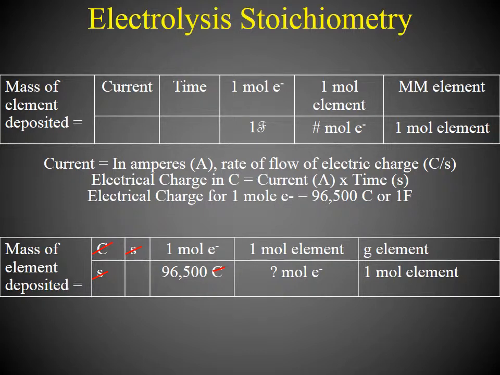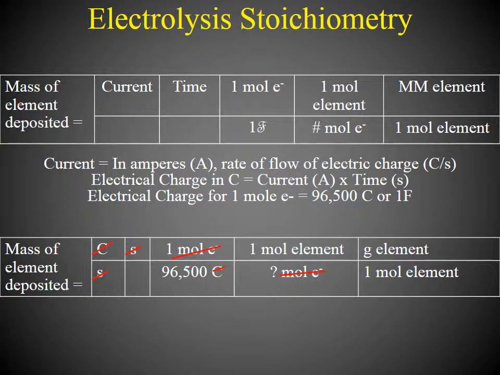Then of course the 1 mole of the element per 1 Faraday is equal to 1 mole of the element per 96,500 coulombs. And then next thing I do, I convert all of this to moles of the element using the relationship that exists between the mole of the element and the moles of electrons, meaning the charge of the ion.